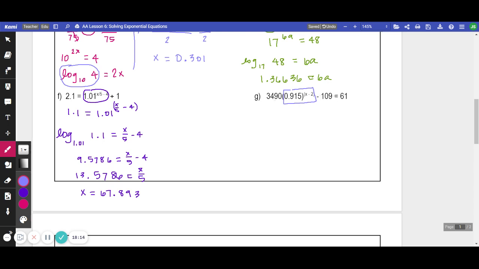So I'm going to add 109 to both sides first. Equals 170. Then I'm going to divide both sides by 3490. I'm still on step 1. Step 1 is to isolate that number with the radical.